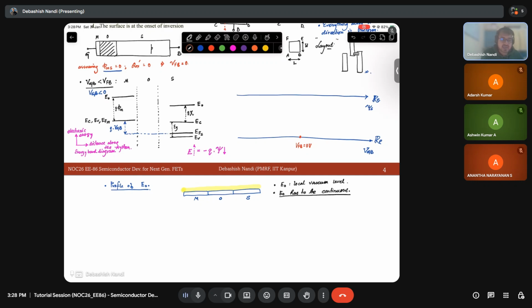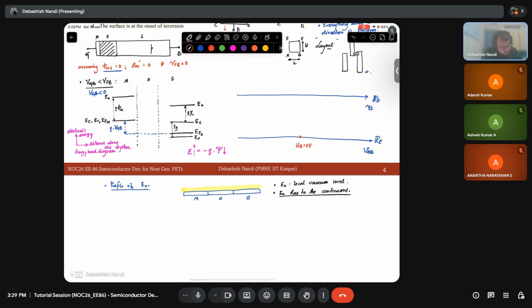E0 has to be continuous. Okay. Other bands can have discontinuity. Yesterday we have seen if we have a heterojunction, there will be discontinuity between bands. Fine. But E0 always has to be continuous.